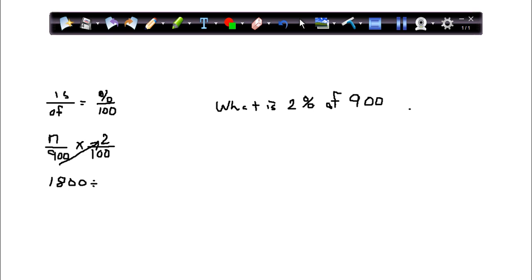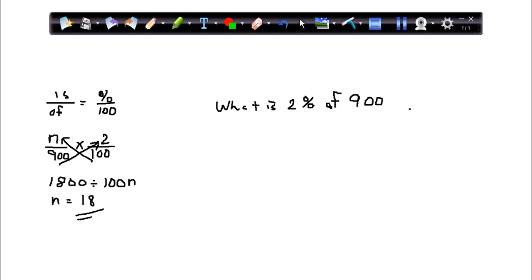And then, once we've got that one multiplied, we're going to multiply this: 100 times n is going to be 100n. So write it out like this, and then n equals. Okay, so now what you're going to do is divide 1800 by 100, which equals 18. Your answer is 18.